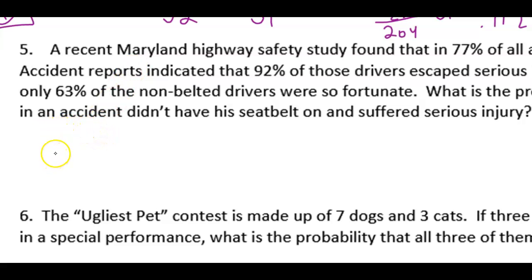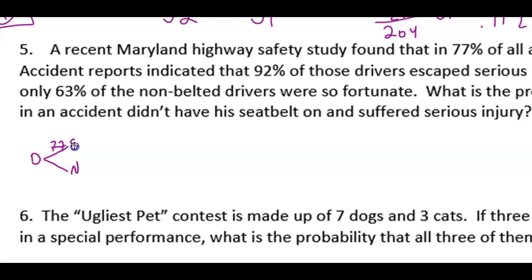So this one, let's look at it. We're going to start off with the drivers, and I have seatbelt drivers and non-seatbelt drivers. Of the seatbelt drivers, it said 77%. 77% of all accident drivers were wearing a seatbelt.